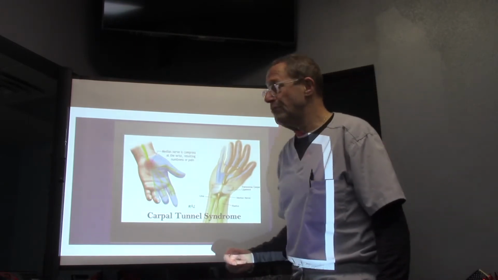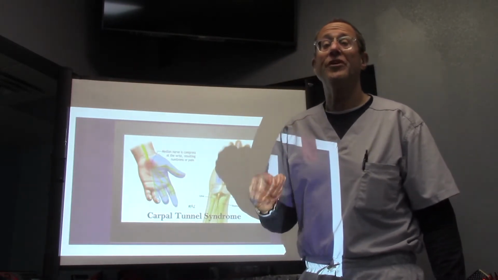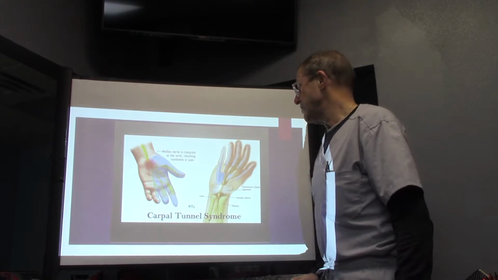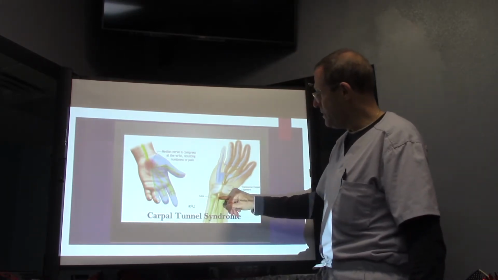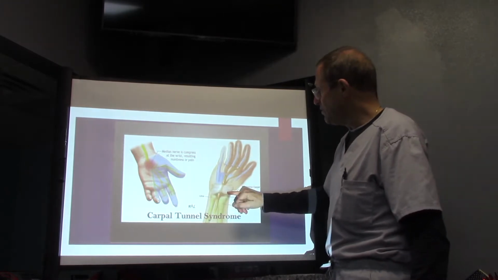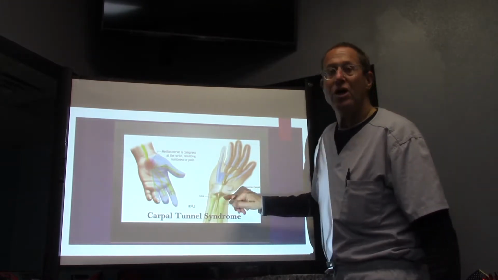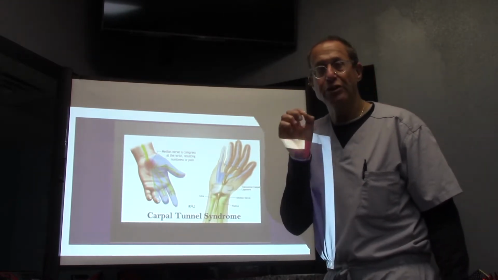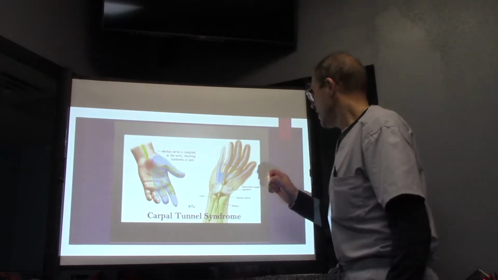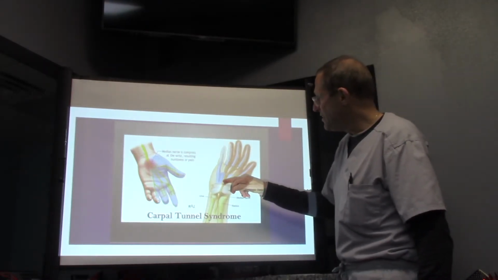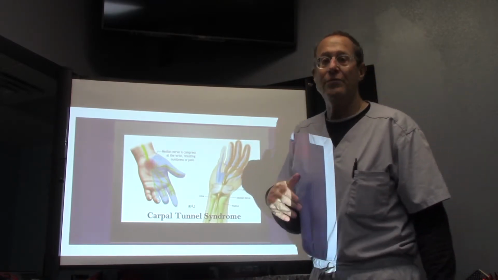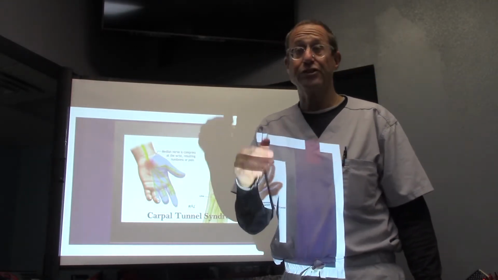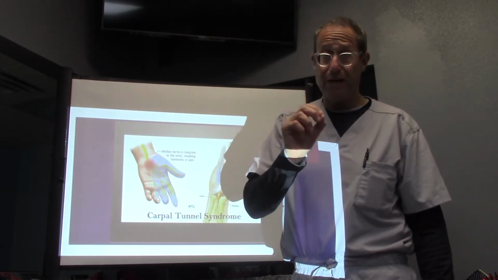Carpal tunnel syndrome is the most common type of mononeuropathy, okay, affecting one nerve. And what carpal tunnel is, is an irritation of the median nerve as it goes through a very small carpal tunnel, a little hole in your wrist. Right? As the nerve goes into the hand, it travels through that tunnel, and that tunnel has a number of different structures, including 9 tendons which connect muscle to bone.